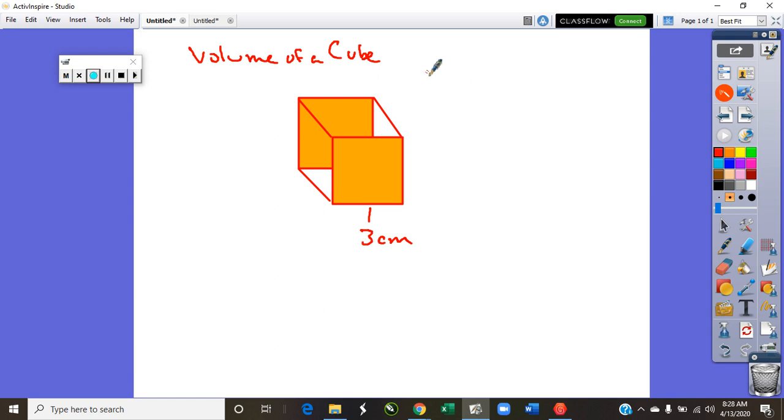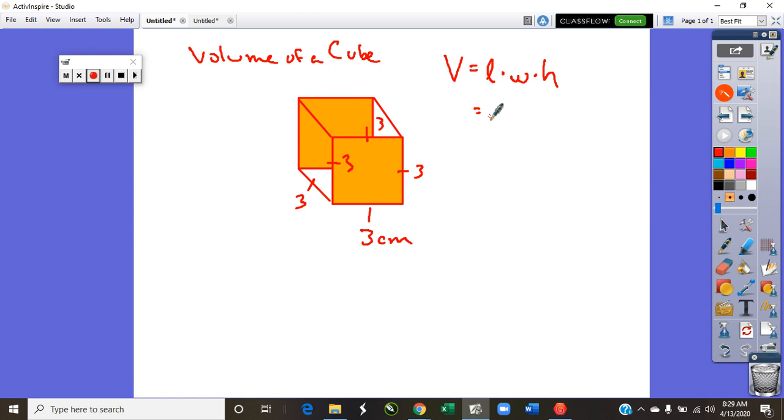If I'm finding the volume of a cube, the first thing I'm going to do is write this formula: volume equals length times width times height. Again, all of these are going to be 3 centimeters. To be honest, guys, it doesn't really matter which one you make your length, your width, and your height.